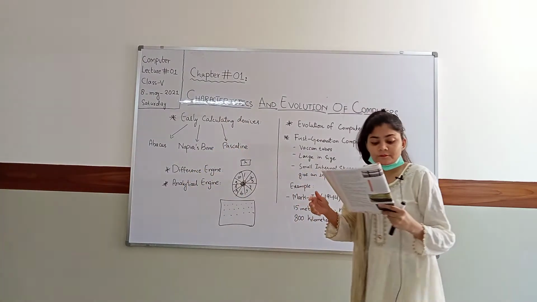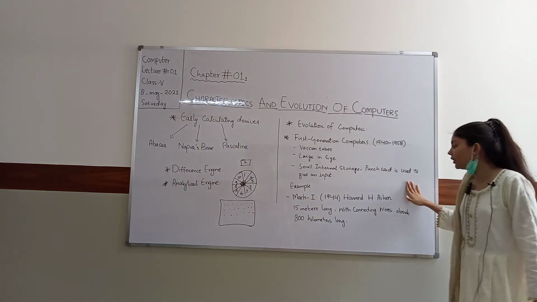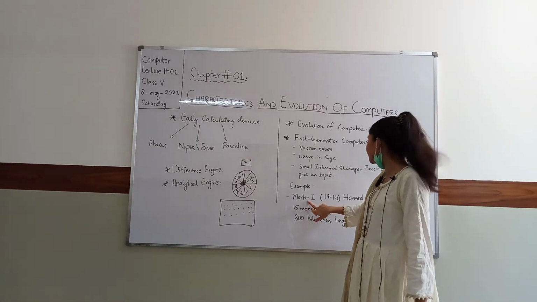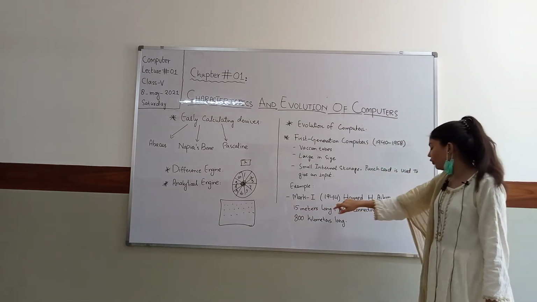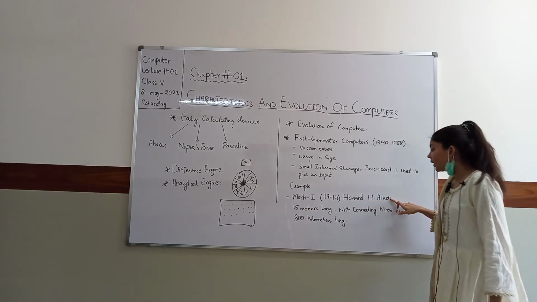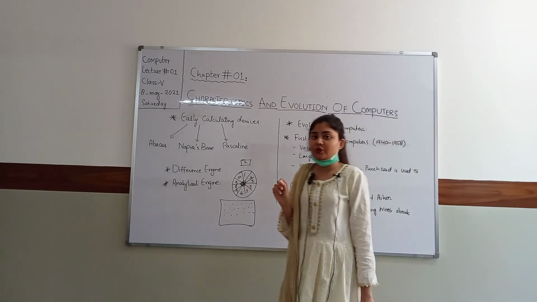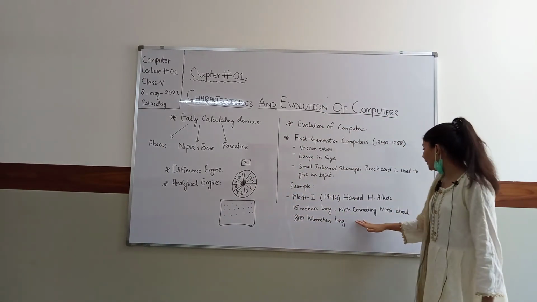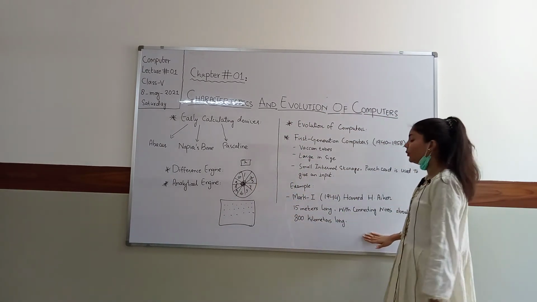Now we have some examples of first generation computers. We have many examples. First we have the Mark 1. In 1944, Howard H. Aiken designed this computer. It was 15 meters long, with connecting wires about 800 kilometers long.